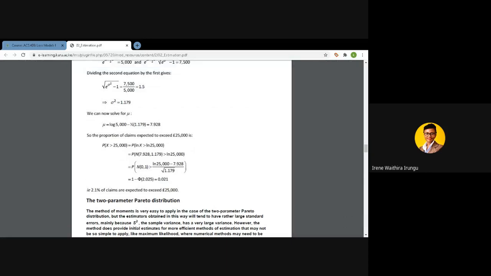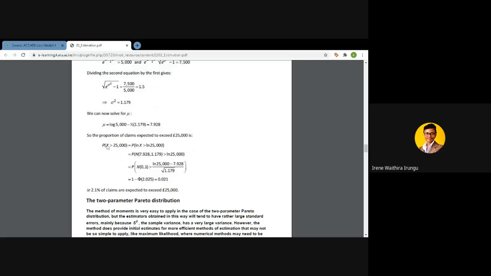If you want to use the normal approximation, then it means that if my x here is log normally distributed, I can transform it by taking the natural log on each end. In so doing, I have now created a normal random variable. So this ln of x is now normally distributed with my obtained parameters: my parameter mu was 7.928 and my sigma squared was 1.179.